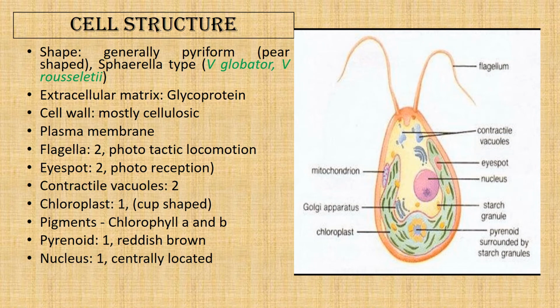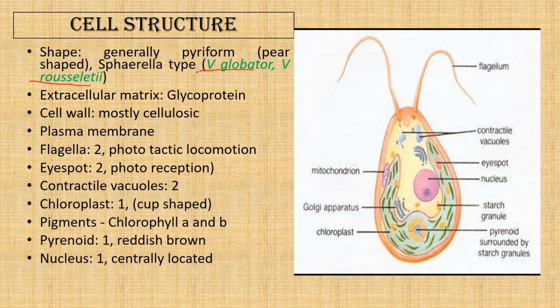Now let us discuss the cell structure of Volvox. Generally the cells are pyriform, but in certain species, that is Volvox globator and Volvox rousseletii, they have a spirella type of cells, where the cells are circular in shape.